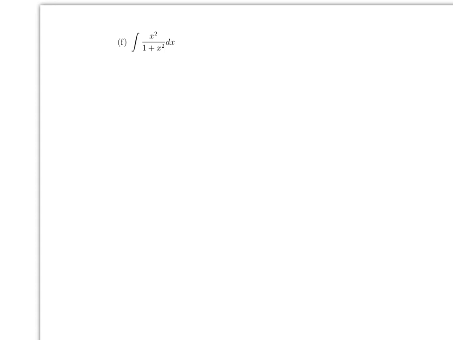Let's go to letter F. For this one, you can use either trig substitution or partial fractions. You want to use partial fractions. Remember, partial fractions only works if the degree on the top is less than the bottom. So you have to do long division first. So you multiply this by 1, you'll end up with x squared plus 1.